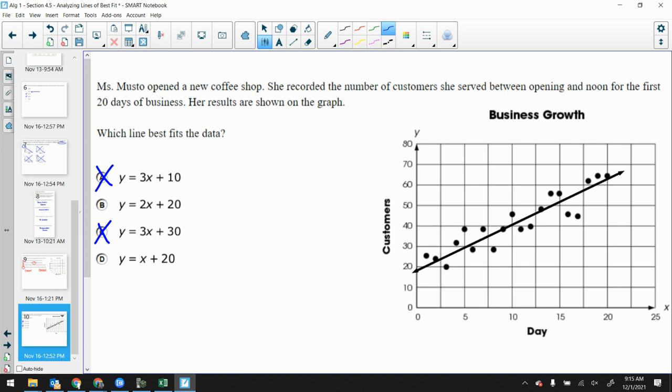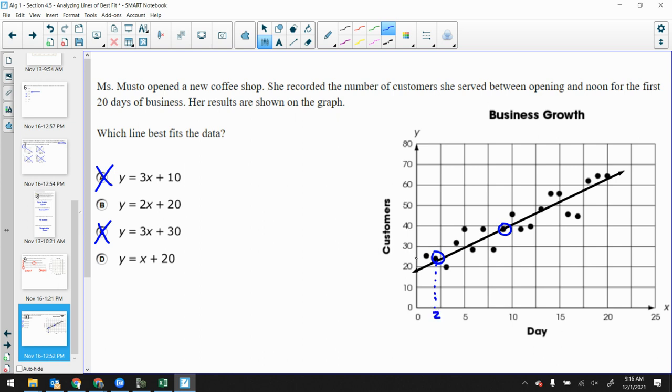Well, I'm given a bunch of data points. Let's try to pull out the slope. Let's pick this point and this point. Now, are we given the table of values with these points? No, we have to estimate what these points are. So let's say these are going by 2.5 each box.